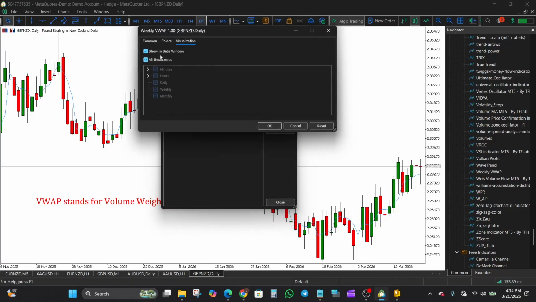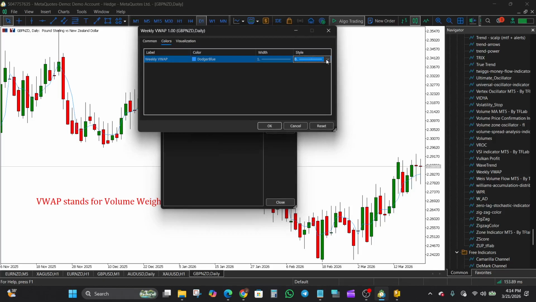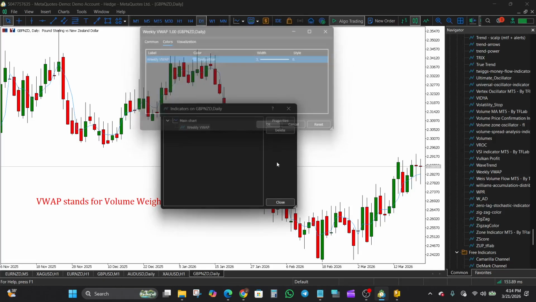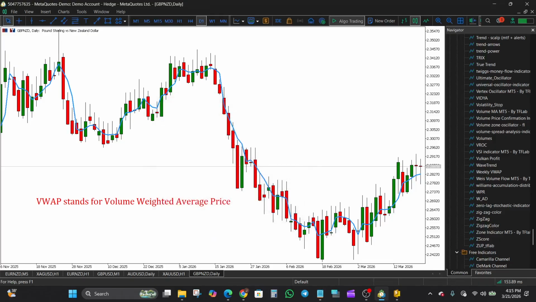Let's just increase the thickness. So the weekly VWAP strategy involves using the weekly VWAP indicator. Institutional traders often use VWAP as a benchmark to determine whether price is relatively high or low.